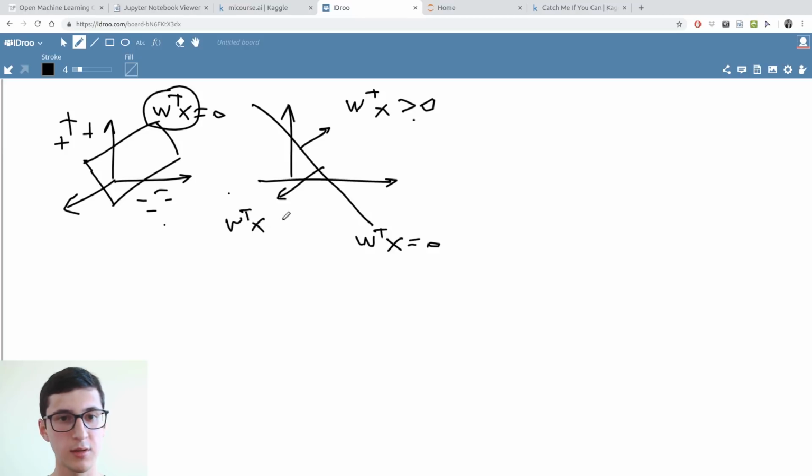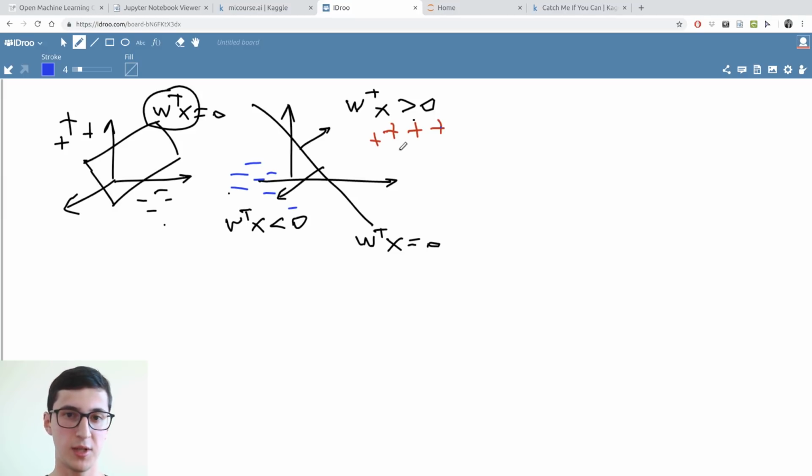W transposed x is less than 0. Okay, and where it's positive, we'll predict class 1. So these are our pluses. Here are our minuses. So for new objects, we'll predict a label according to the expression W transposed x.